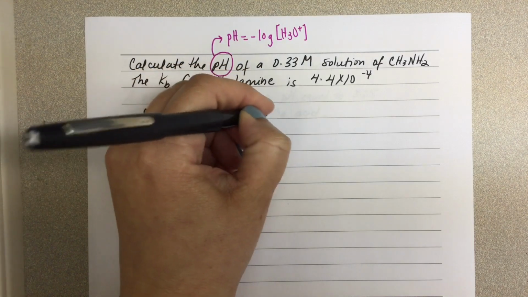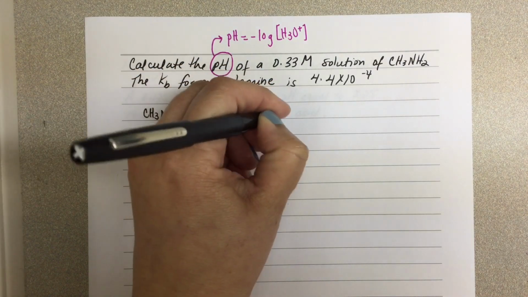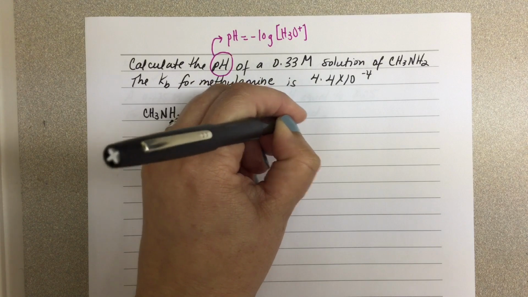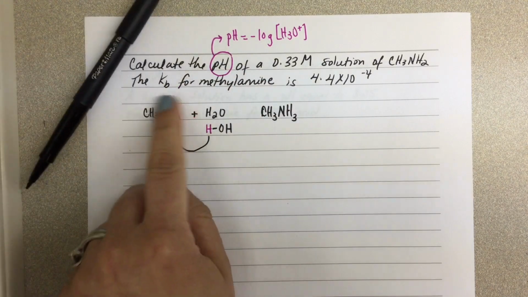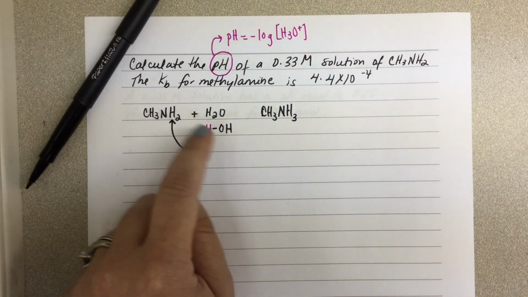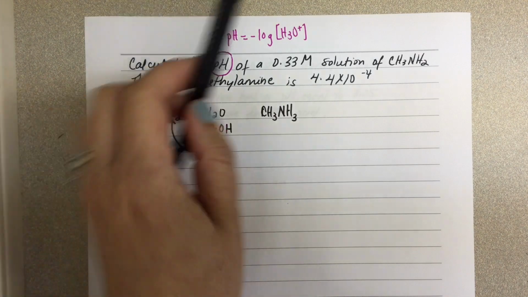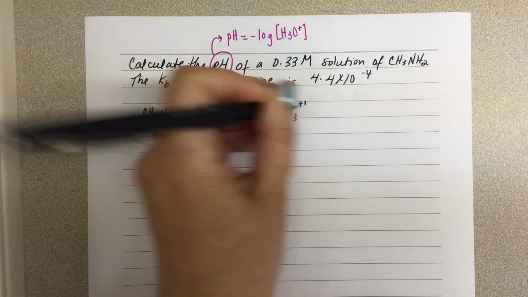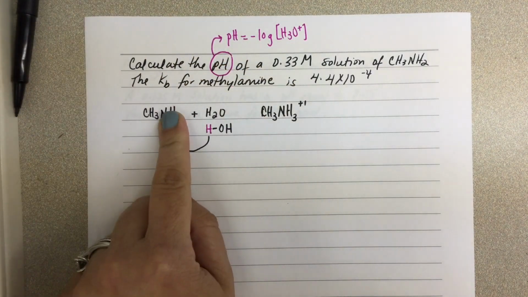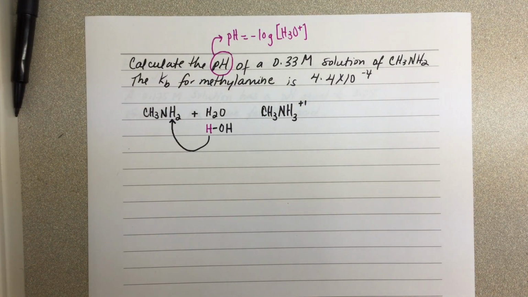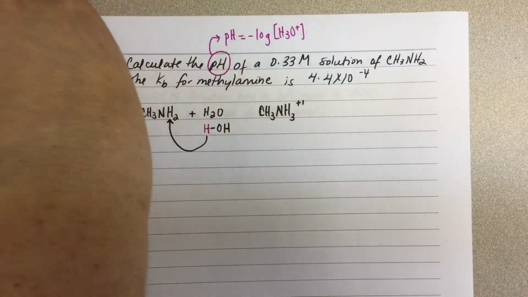So that will be CH3NH3. You have no charge here initially, and you're getting a positive 1 charge. Your initial charge is 0, and you're gaining a +1, so 0 plus positive 1 gives you a total of a positive 1 charge. That's why that's a positive 1.